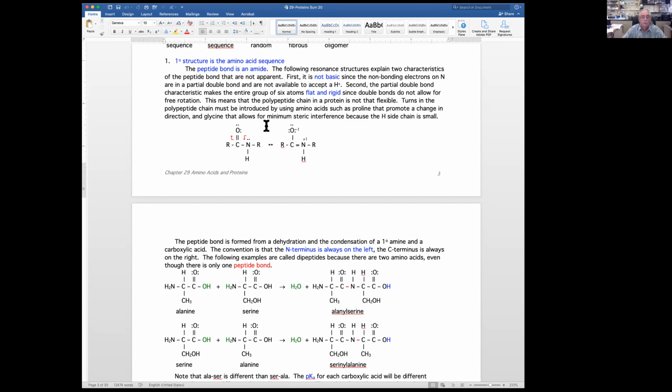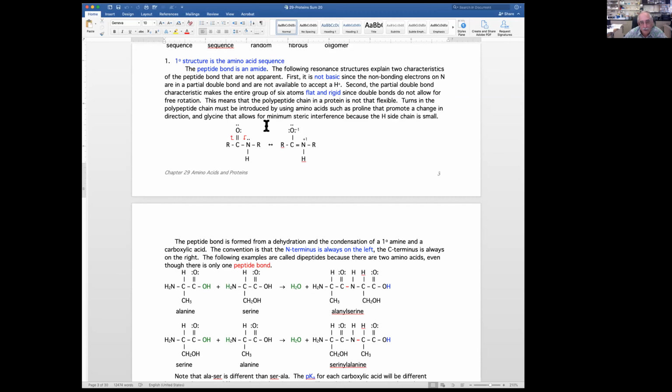In addition, if you look at the primary sequence of a chain, one thing you might think about is, would that be like a wet noodle? Would it be something much more stiff than that? The answer is actually quite rigid.